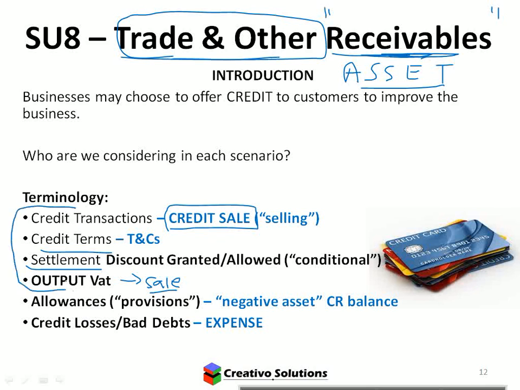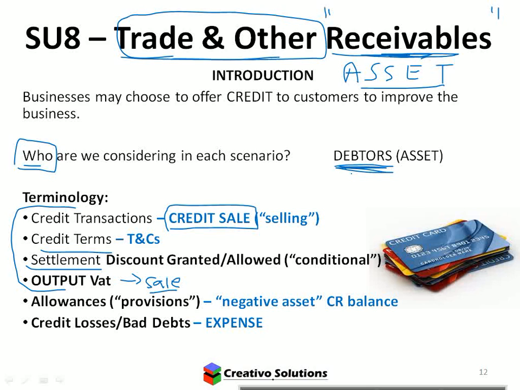So with all these terms, who are we looking at? Yes. A debtor arises when there's a credit sale. That's it. There is no other scenario. It is what it is. A debtor is a debtor.